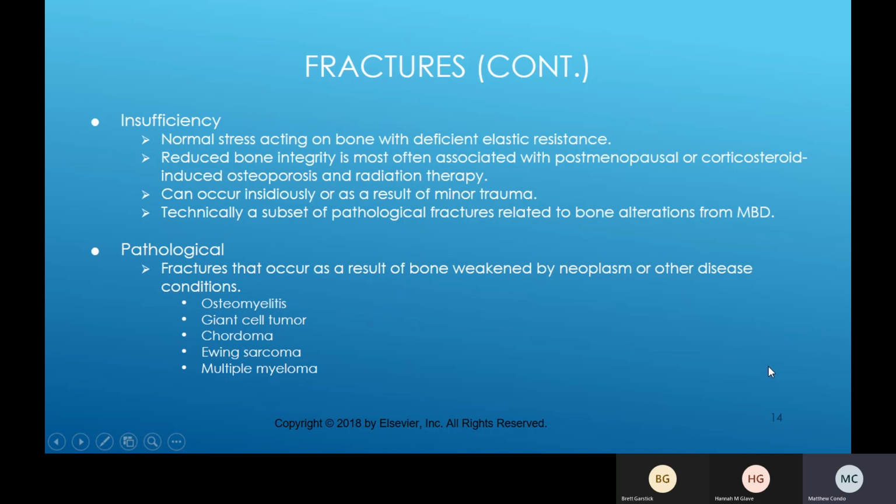Either I have the strongest quads in the world or there's something wrong with my bone. Be very, very careful of that. If you suspect a pathological fracture, something like osteomyelitis, something like multiple myeloma, we need to get that person in for an image.